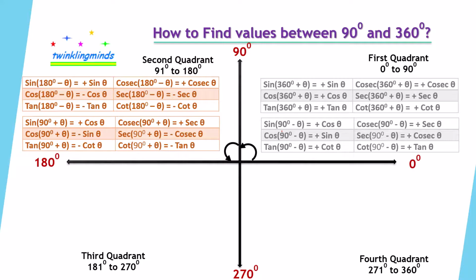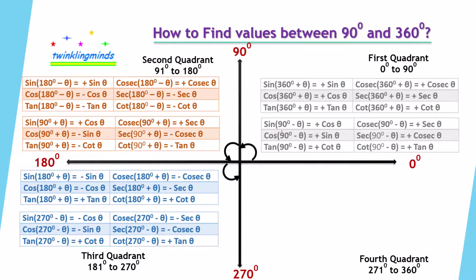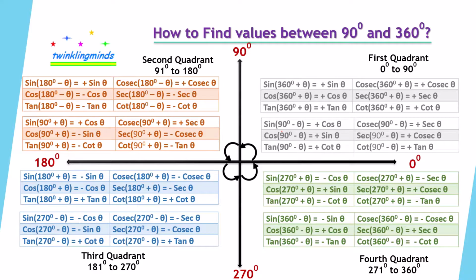If we have to calculate the value of 180 degrees, since the second quadrant is between 91 degrees to 180 degrees, we use second quadrant. Just remember that. Third quadrant, we represent angles as either 180 degrees plus theta or 270 degrees minus theta. Similarly, in fourth quadrant, we represent the angles either as 270 degrees plus theta or 360 degrees minus theta.